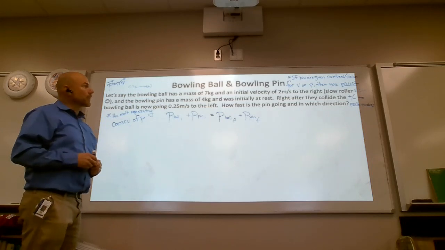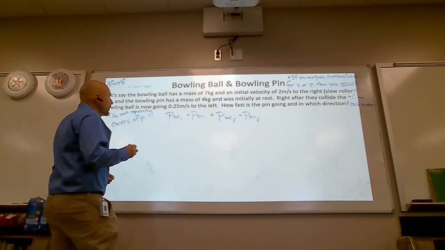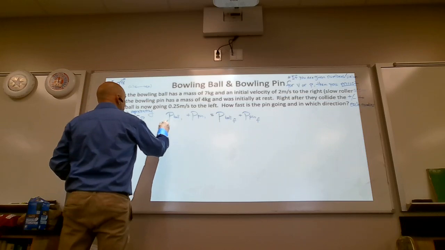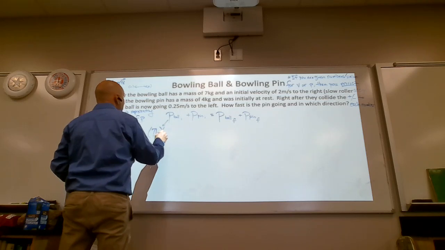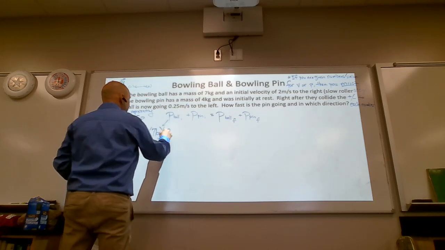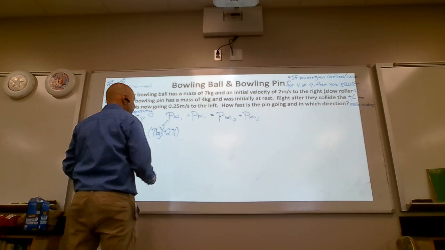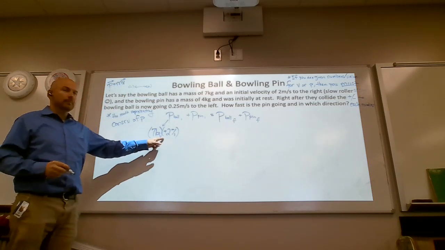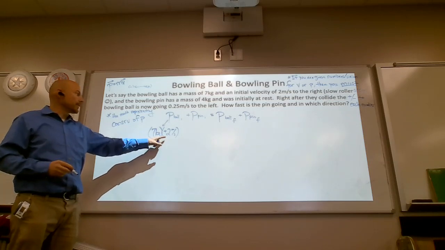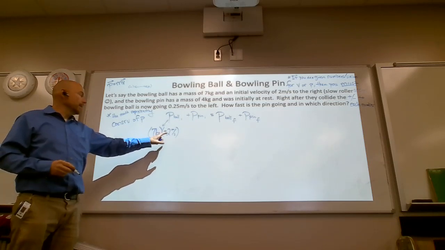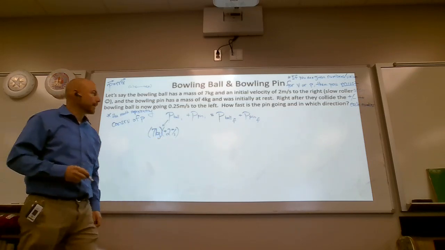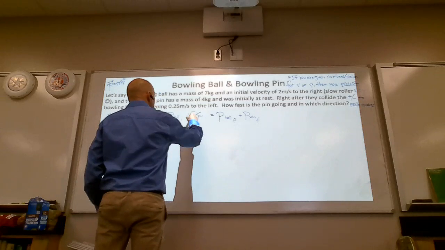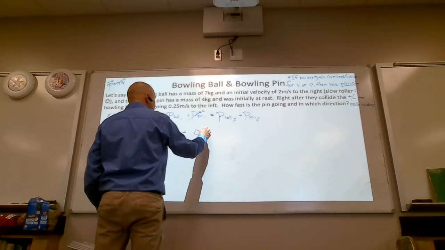Okay. So what does that look like? Momentum of the ball: we have 7 kilograms times positive 2 meters per second. Velocity, I gave it a positive sign. Obviously, if you don't write the positive sign, you're still going to get it right. Plus the momentum of the pin was 0, it was at rest.